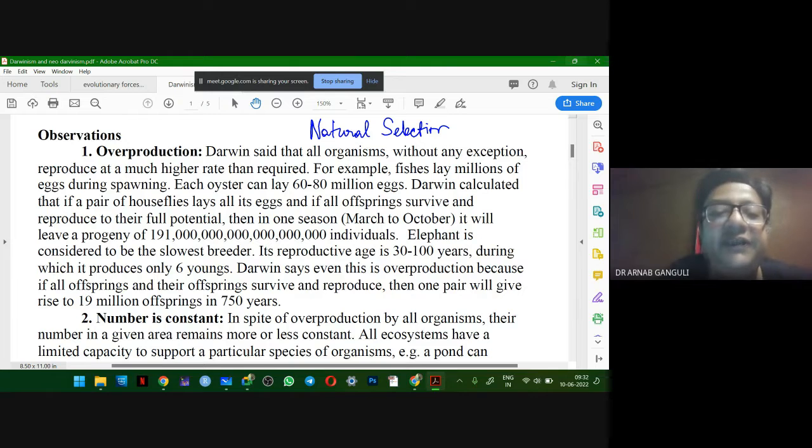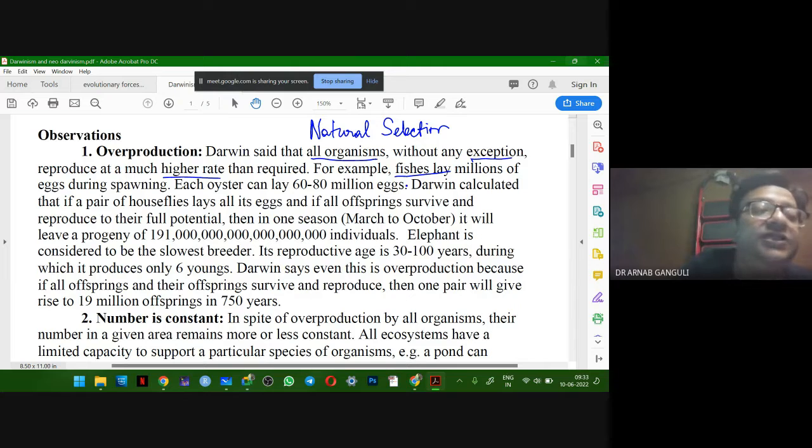Now his observation was that all organisms, without any exceptions, reproduce at a much higher rate than required. Fishes lay millions of eggs during spawning. All of these eggs will not hatch to become hatchlings.